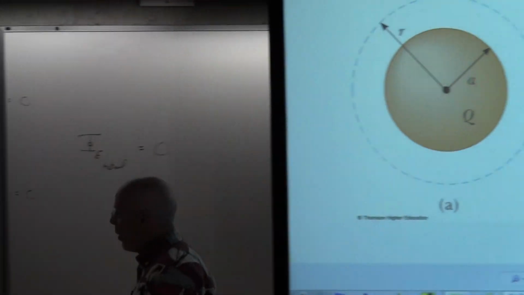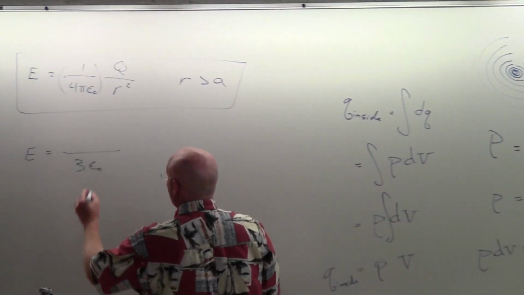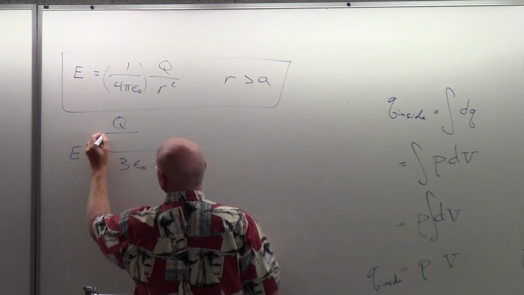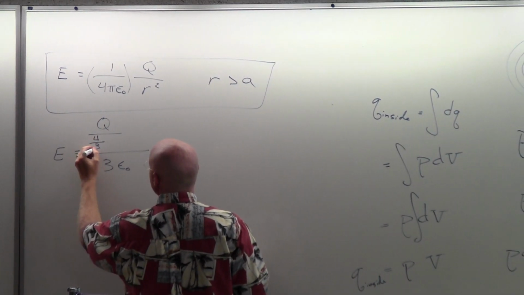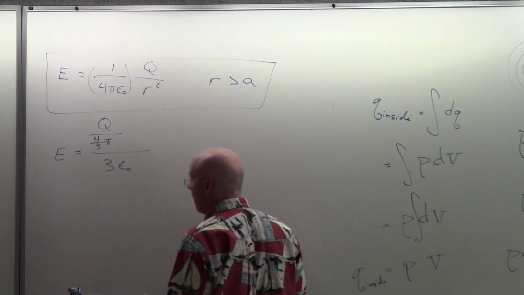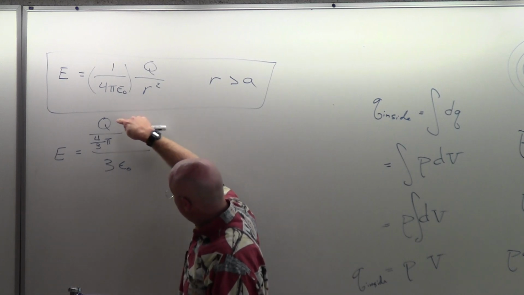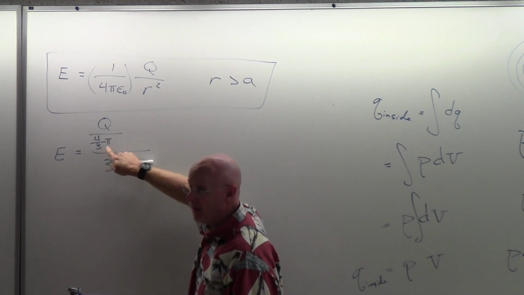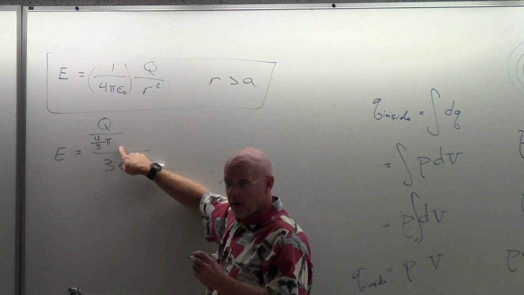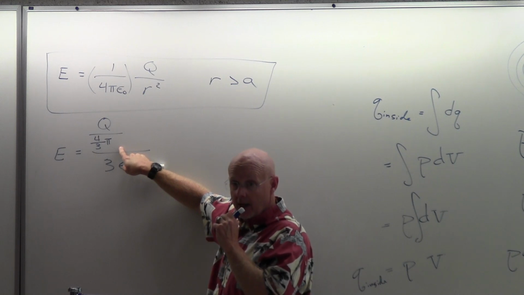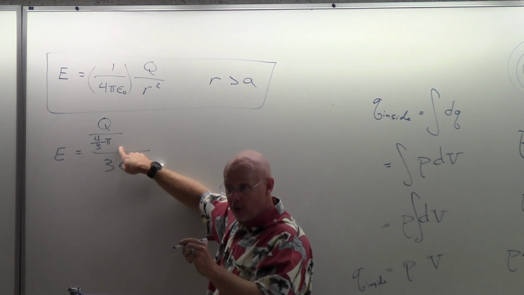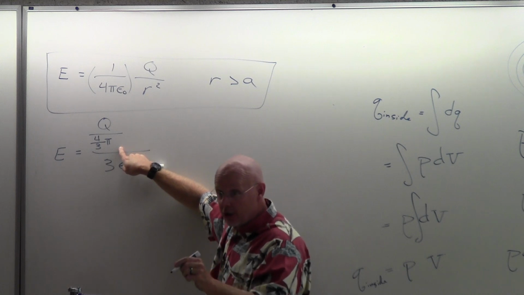Right. Why don't we do the whole charge divided by the whole volume of the ball? So Q divided by 4/3 pi A cubed or R cubed?